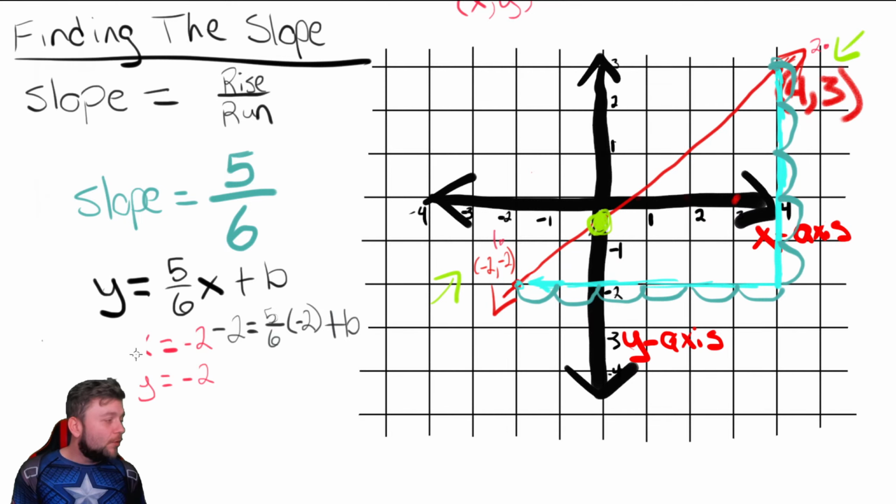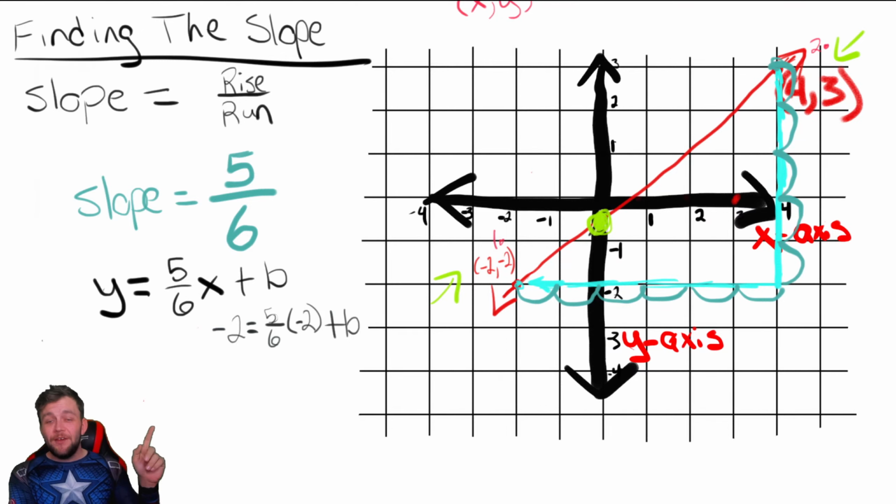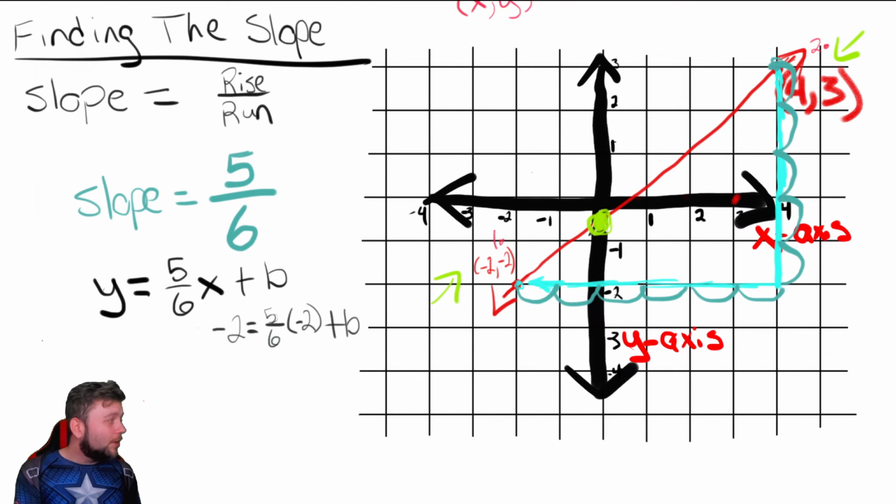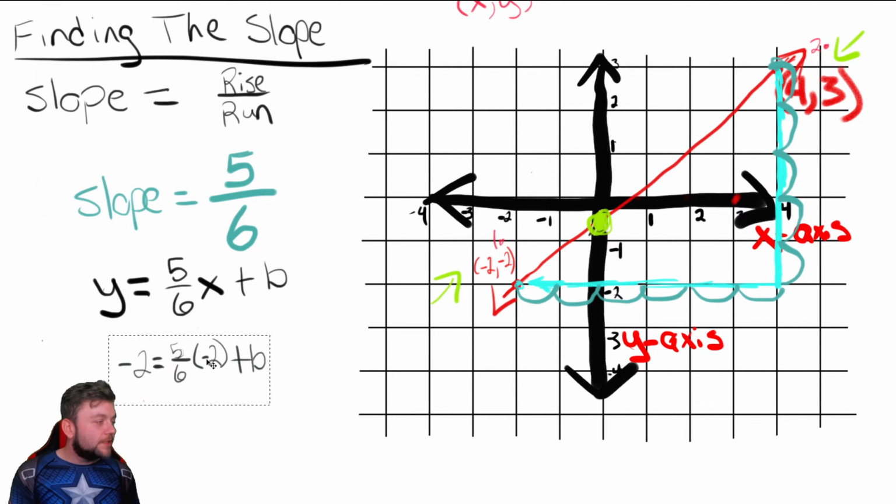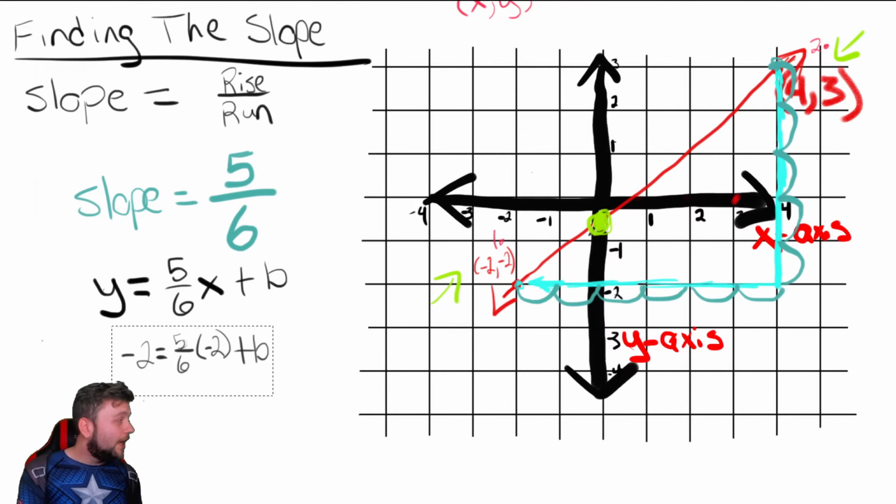Let's erase these points. We don't need them on the board anymore, and I am starved for space already. So, how do we solve this? Well, we just solve for b. We have one equation and one unknown, so it's very straightforward. We just multiply the 5/6 times -2.